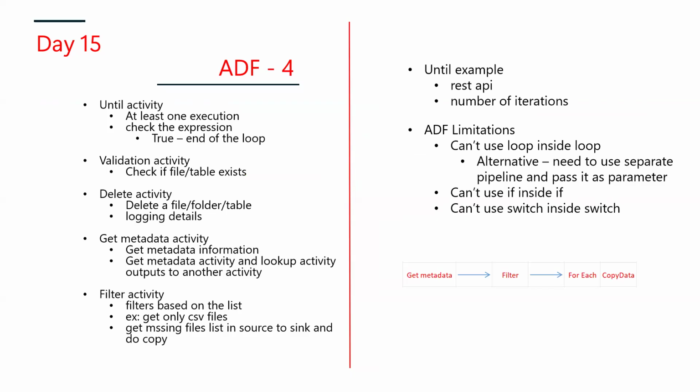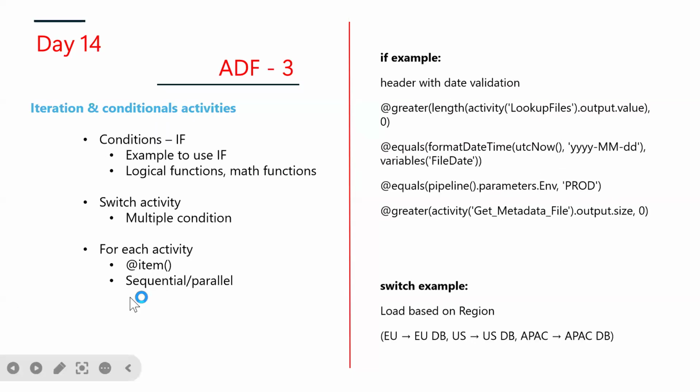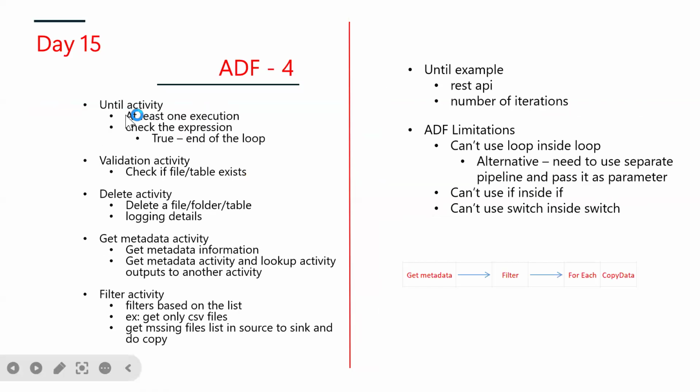The until activity is a kind of loop activity again, like our for each activity. With for each, for a particular number of elements we do looping, and inside that we apply some activities based on our requirement. Similarly, if you want to do something in a loop, there is another activity, the until activity. It is a bit different from for each.